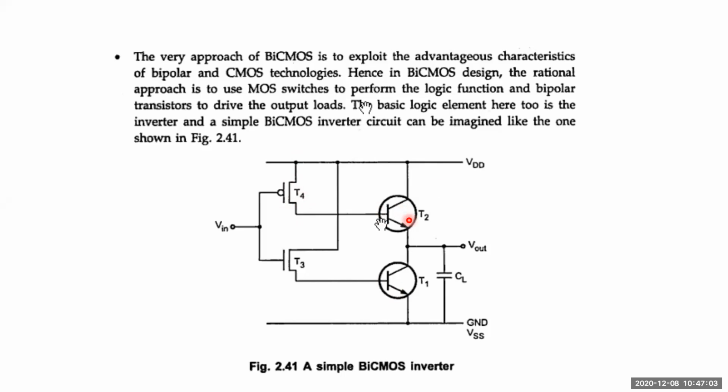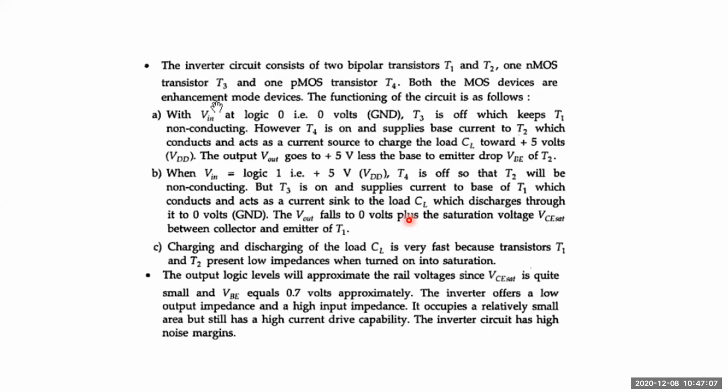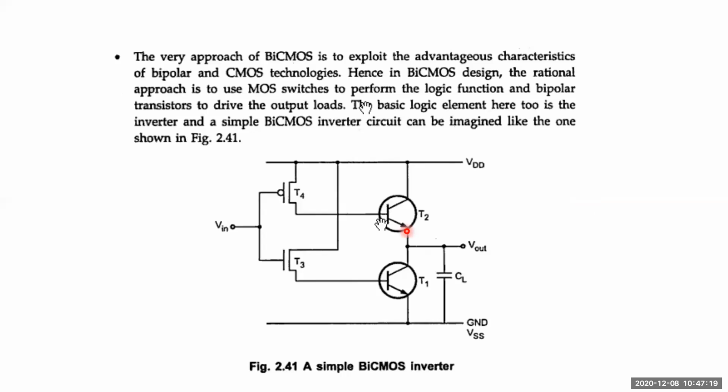Whenever T4 is on, it supplies base current to T2, which now conducts and acts as a current source to charge the output load. The charge flows through the emitter and is stored in the output load capacitance.